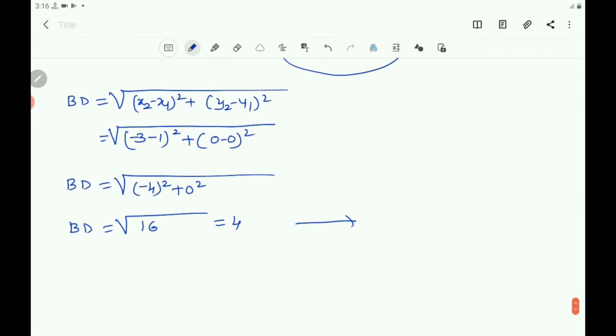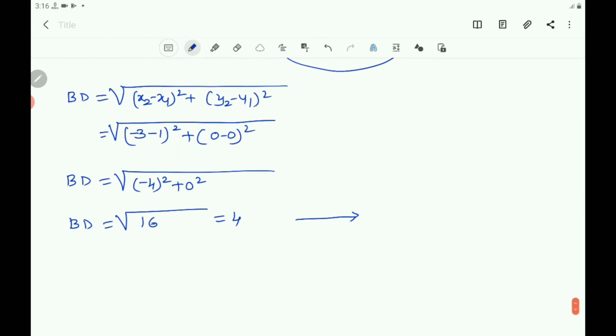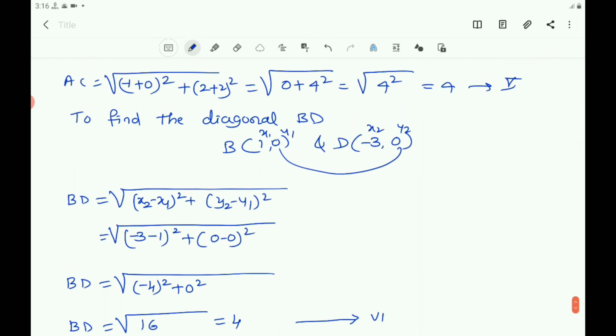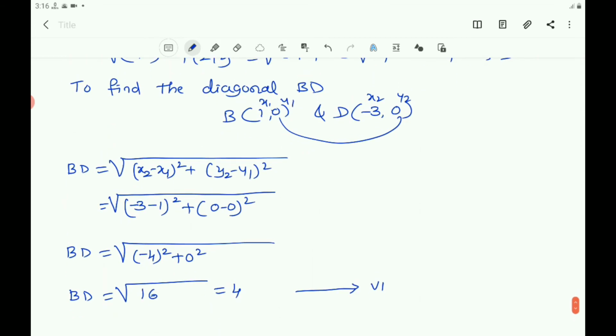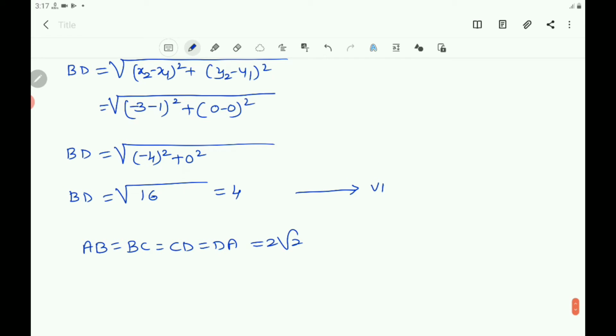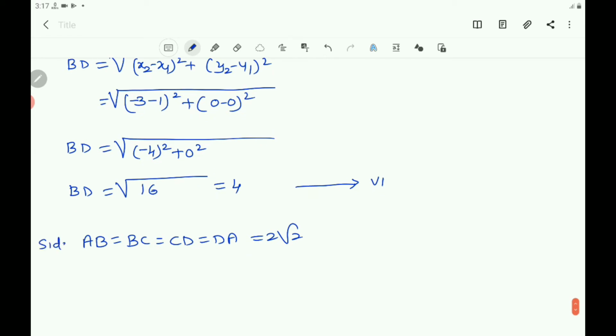Sixth one, that is sixth one. Therefore here from fifth and sixth, diagonals are equal, and all sides are equal. You got AB equals BC equals CD equals DA, all are equal to 2 root 2, and these are the sides.